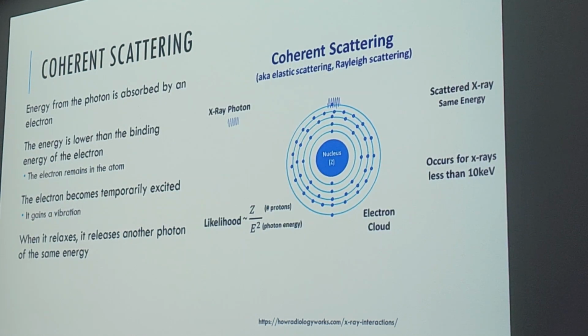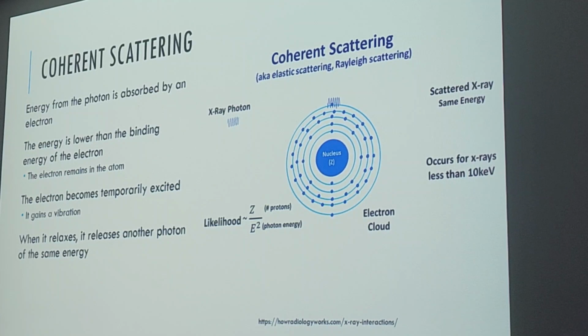So what exactly happens in coherent scattering? Energy from the X-ray photon comes in and interacts with an outer shell electron. Does it eject the electron? No, it does not.